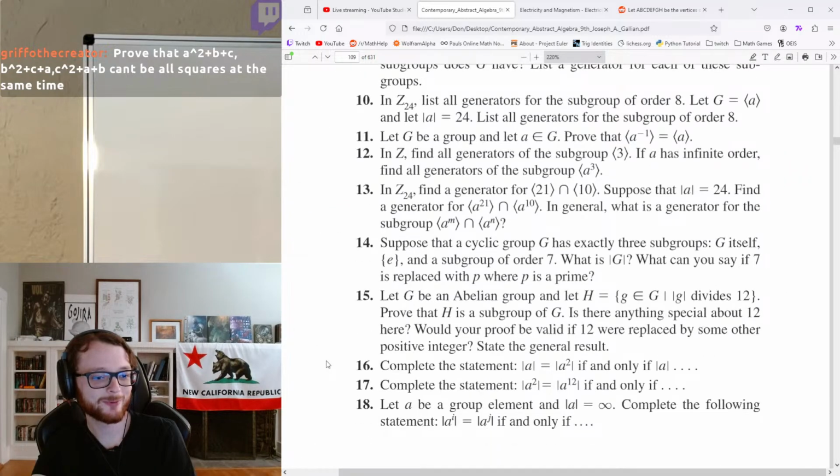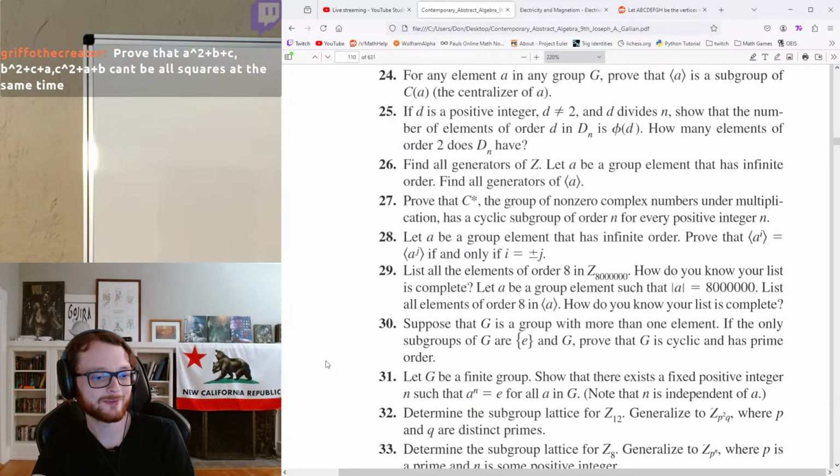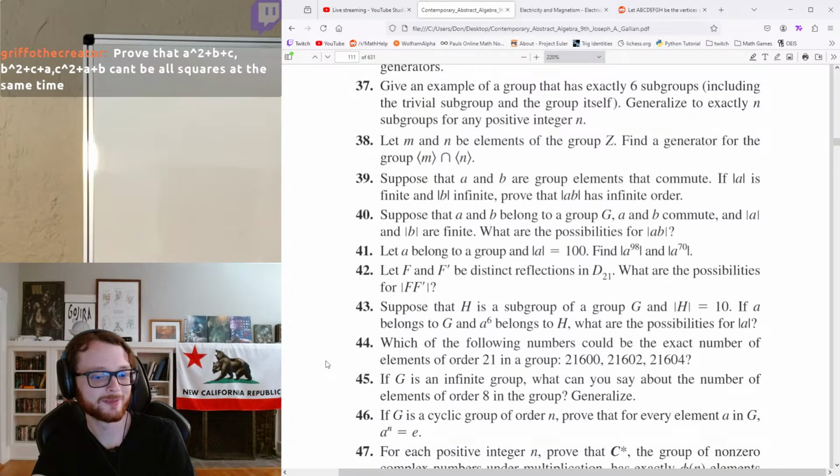Prove that a squared plus b plus c, b squared plus ... can't all be squares at the same time.